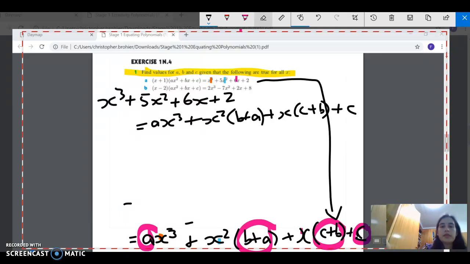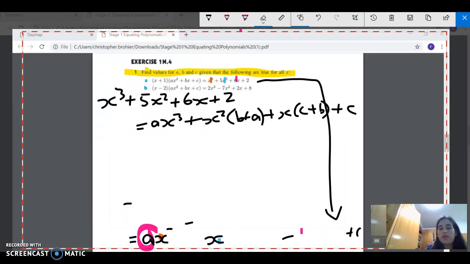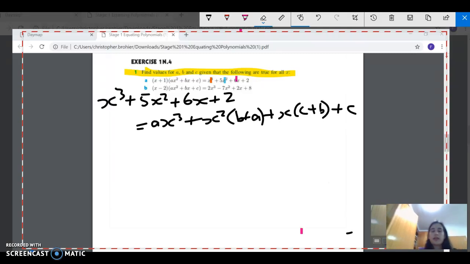Now remember that a, b, c, they're all just numbers. So if you go b plus a, you're just going to get a number. All right? So now, can we equate stuff? Well, what's the coefficient in front of x cubed? Nothing. Not 0, it's 1. If you ever got no coefficient, it means it's 1. If it was 0, it wouldn't exist.